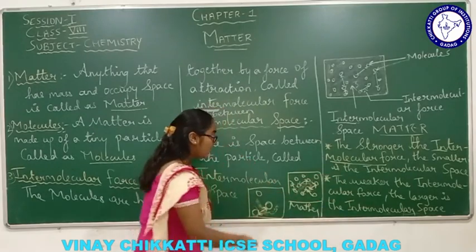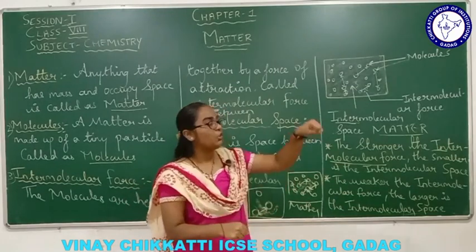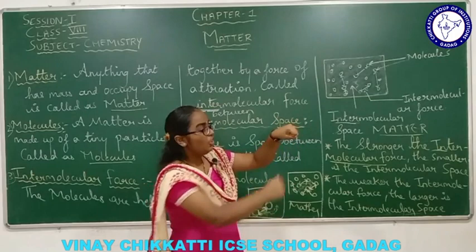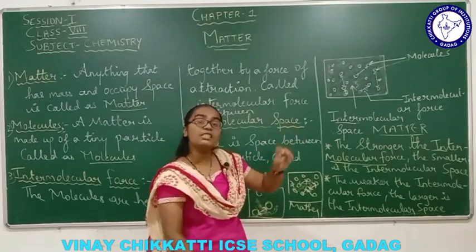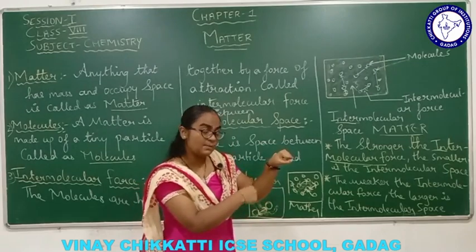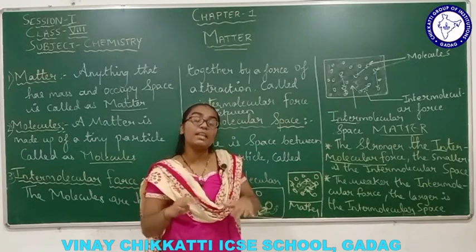Contrasting to that, if the intermolecular force is weak, one molecule is residing here, another little far apart from each other, right? They will have a weak force of attraction, and then the space between them will be more, so the intermolecular space will be larger.